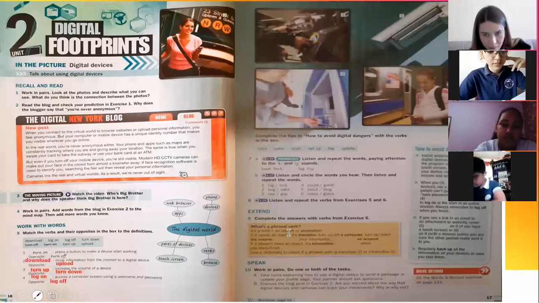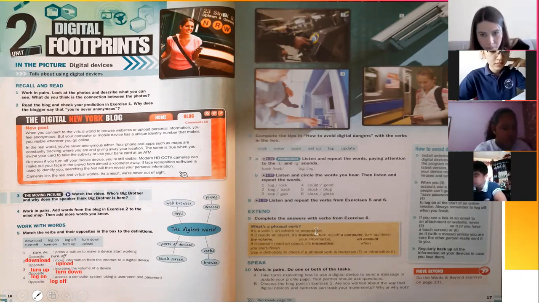Now here, complete the answers with the verbs from exercise 6. We have time, yeah. Here, you're going to use 6. It's a verb plus an adverb or preposition. If it needs an object, it's transitive: turn on or turn off a computer, turn up and turn down the volume.